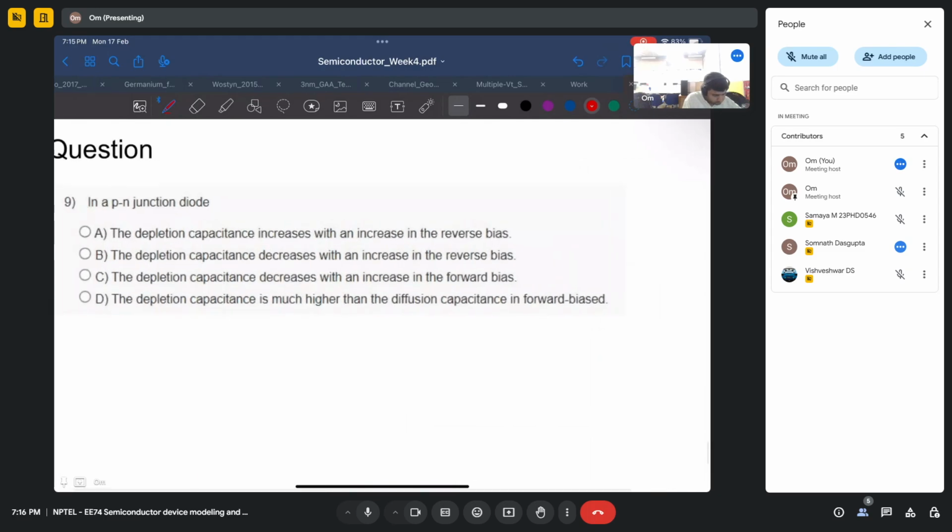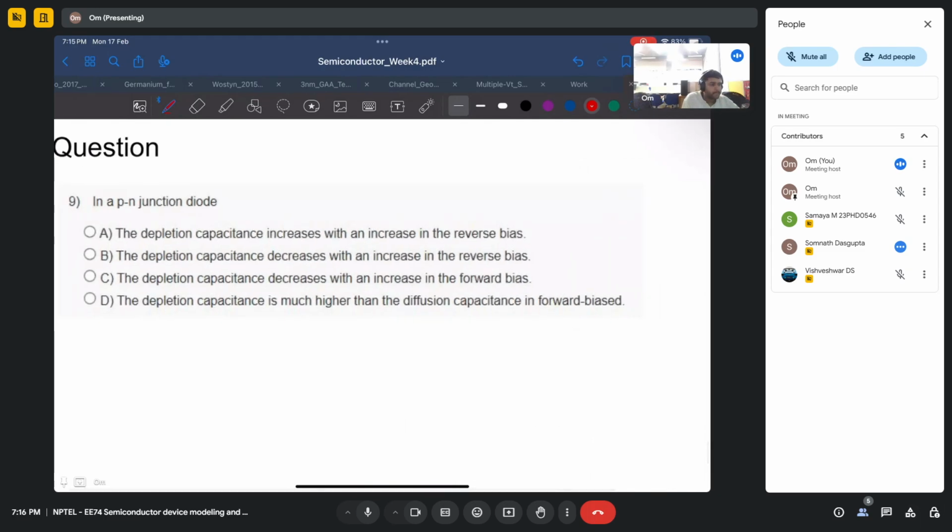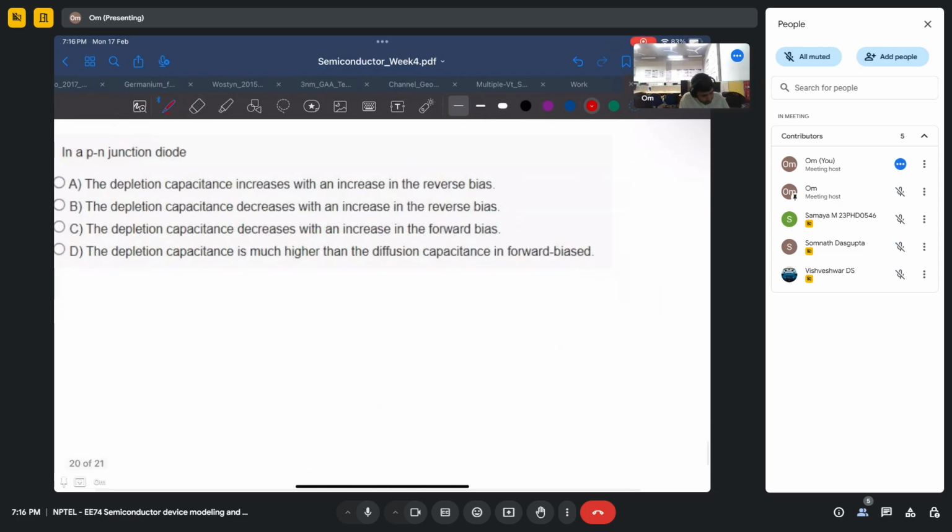Next one. Depletion capacitance increases with increase in reverse bias. Okay, let's see this.